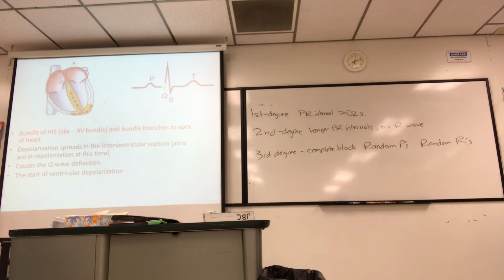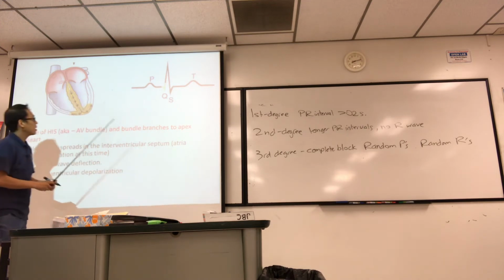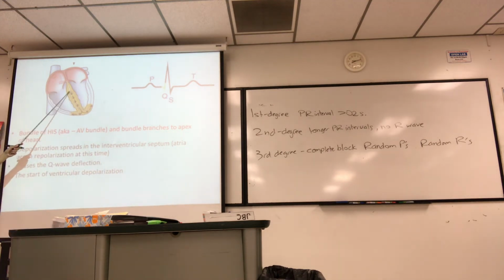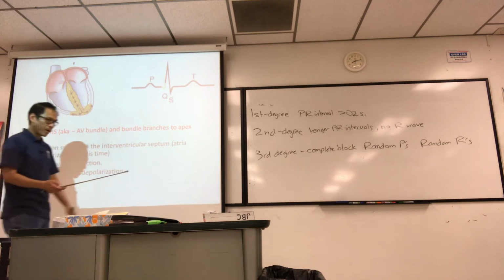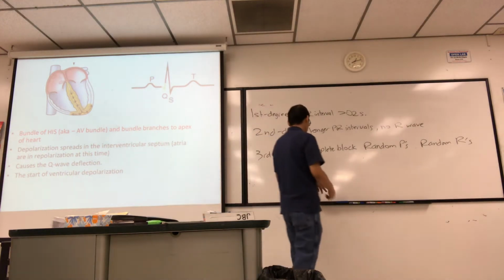Let's pretend that the signal gets through and goes down the septum to the apex. On this figure we have two different colors. The red symbolizes repolarization, yellow is still depolarization. So the signal has now spread from the atria and is going down to the ventricles. During this time, the atria are in repolarization. The bundle of His goes down the bundle branches and makes the Q wave when the signal spreads to the apex.